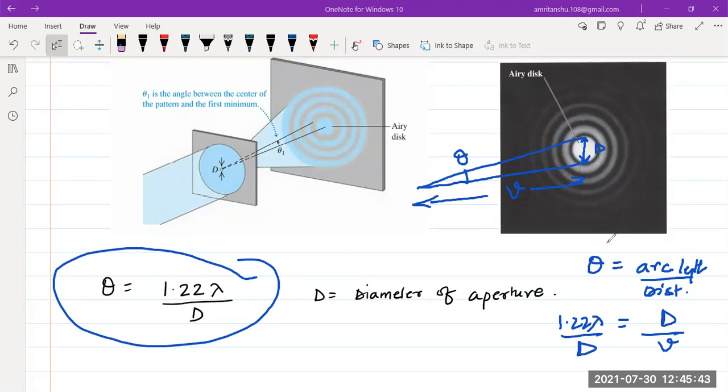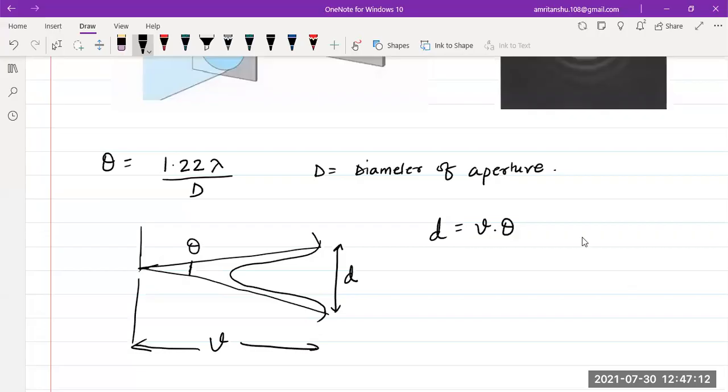So the diameter is 1.22 lambda by d times v. This is the diameter of the first circle of the Airy disk diffraction pattern. This is how you can calculate it. I hope this is clear to you.